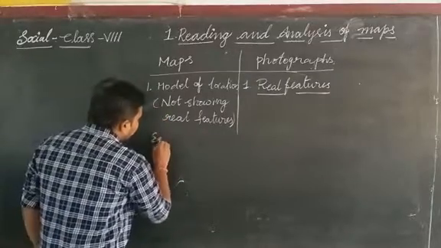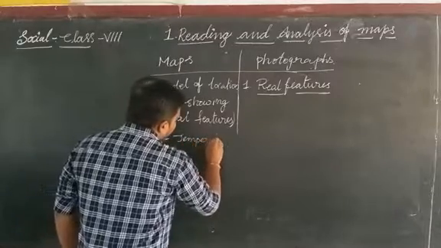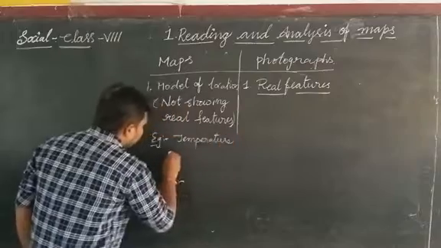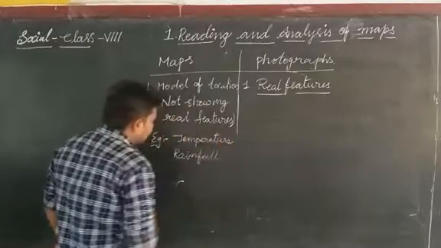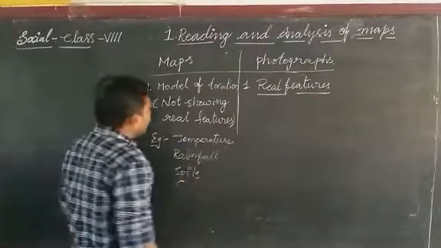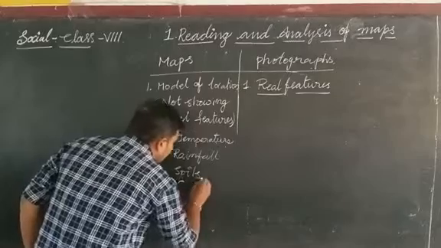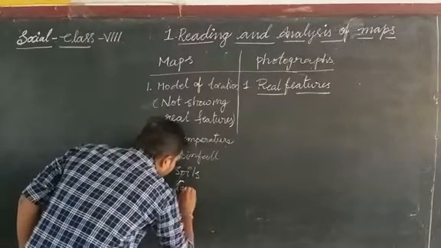For example, temperature, rainfall of a particular location, different types of soils present in the location, languages of people.